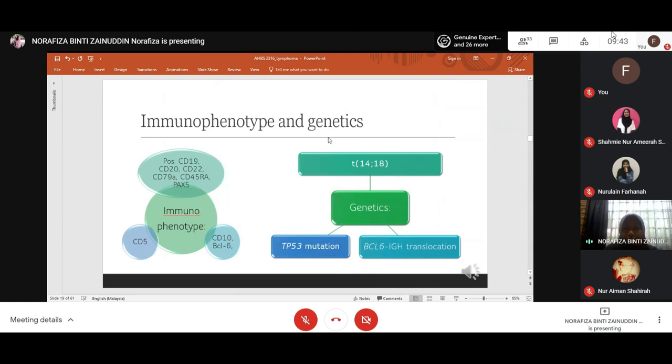All right, this is the immunophenotype and genetics of the LBCL. It co-expresses pan B cell markers, including CD19, 20, 22, 79A, and also CD45RA, and the nuclear transcription factor PAX5.